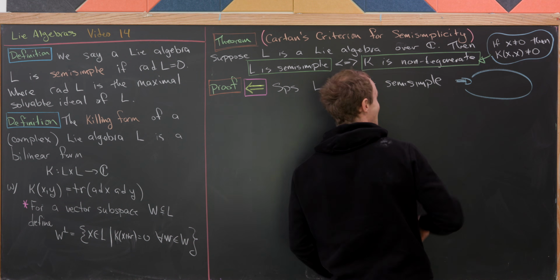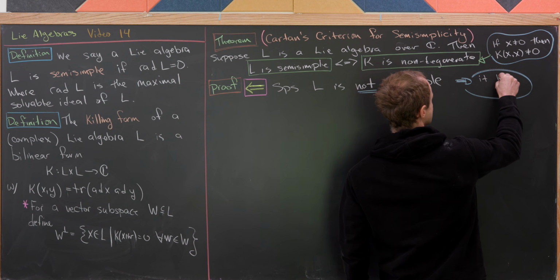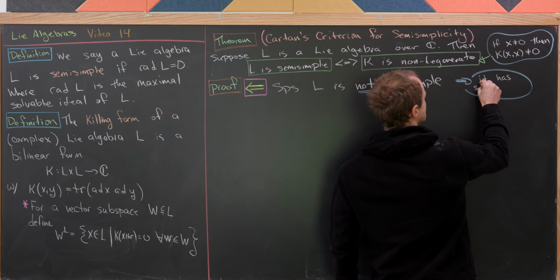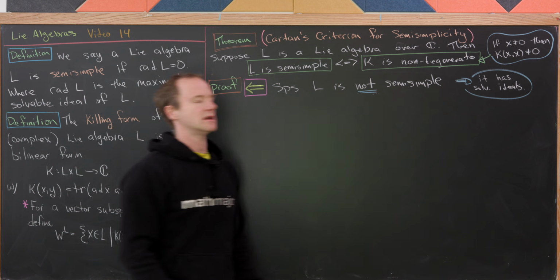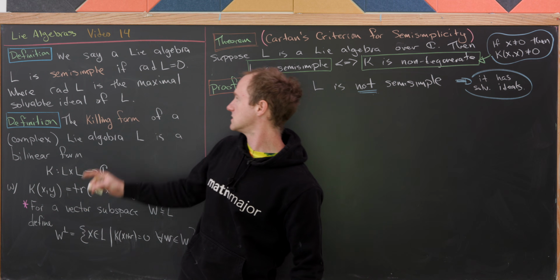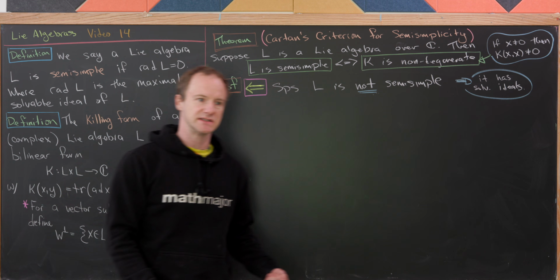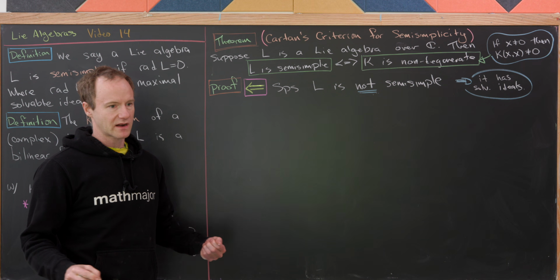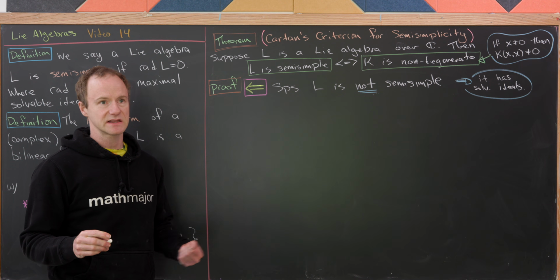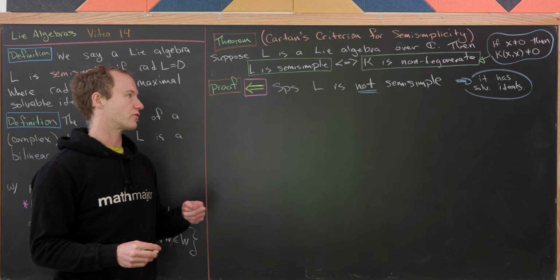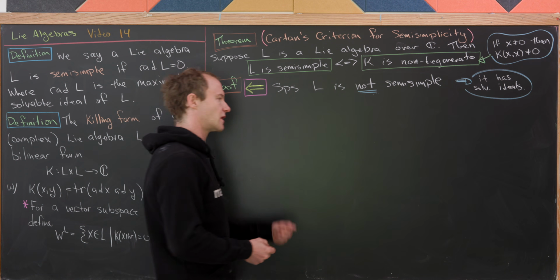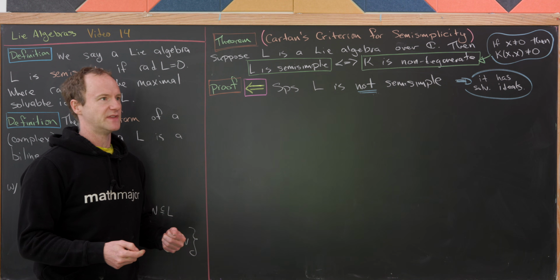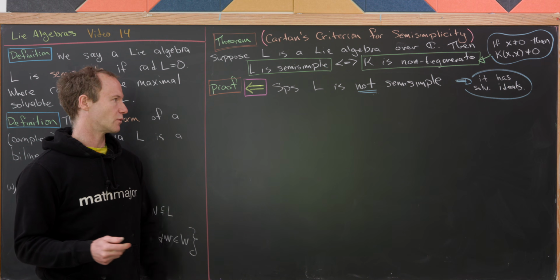Well, that means it has solvable ideals, because it not being semisimple means the radical is not 0. And if the radical is not 0, it in fact at least has one solvable ideal, the radical itself. I guess I should say it has non-trivial solvable ideals, but I think that goes without saying based on what we've said out loud.